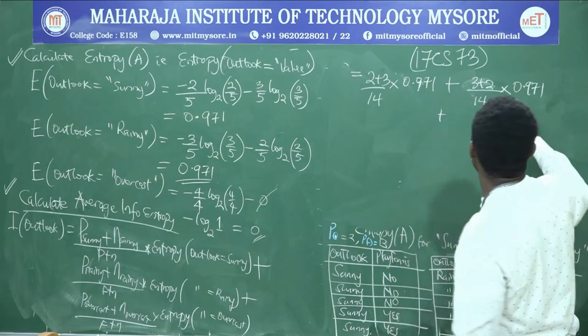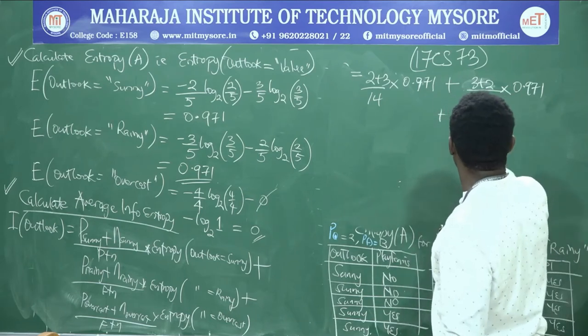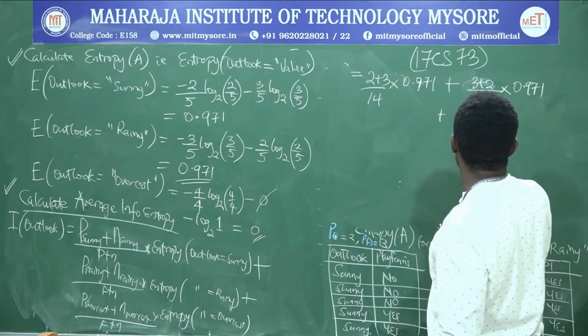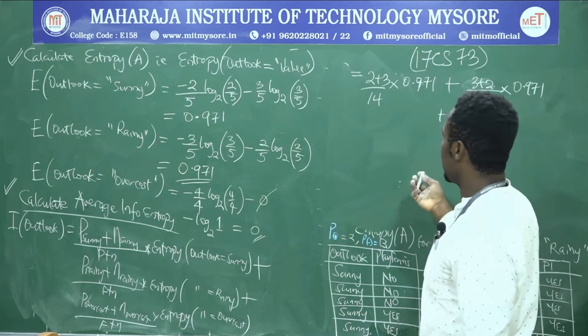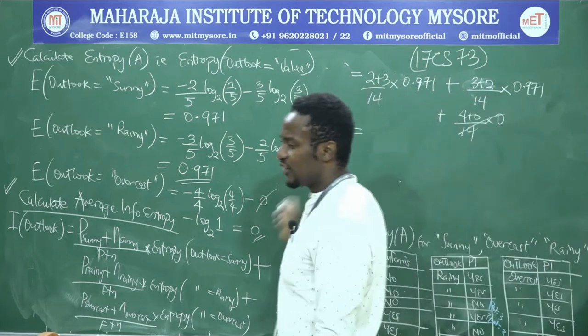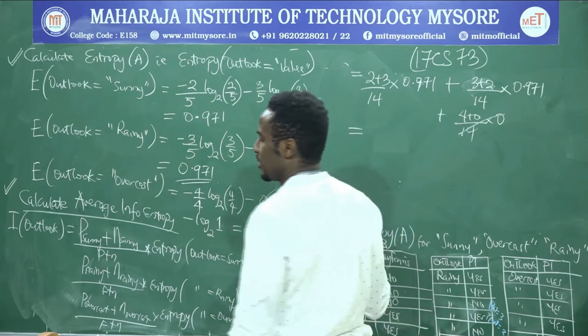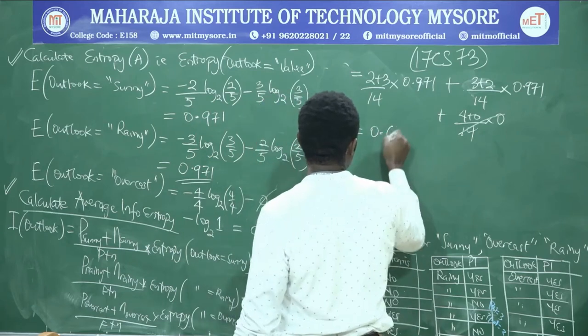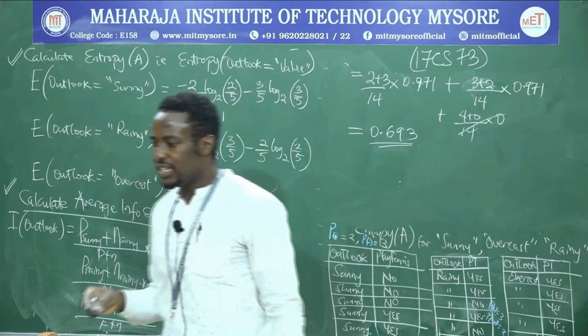If I multiply anything by 0, for the purpose of you guys, I will do it: 4 plus 0 upon 14 into 0. Whatever you multiply by 0 disappears. So let's evaluate this. After evaluating, we get 0.693.